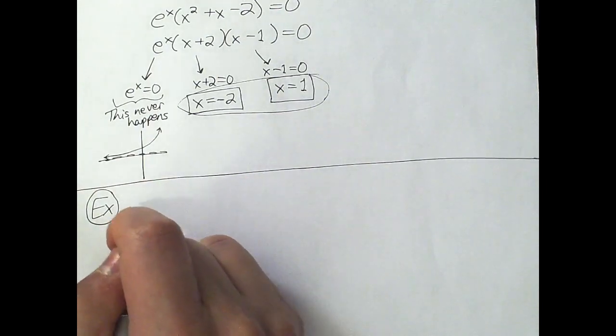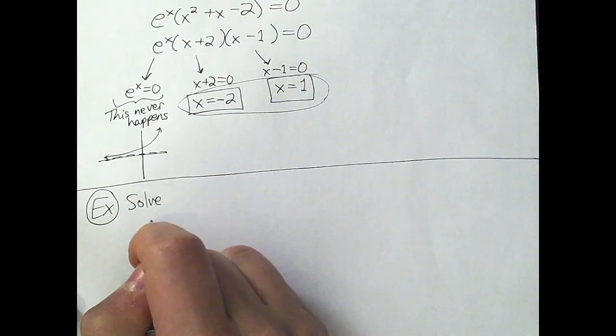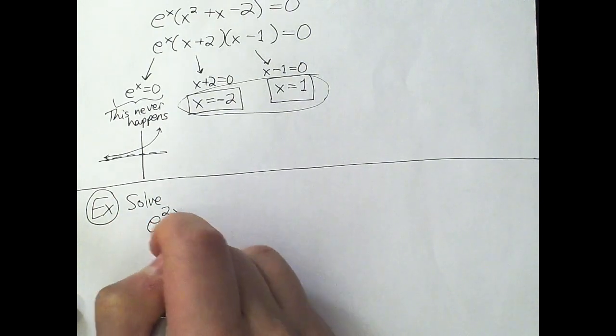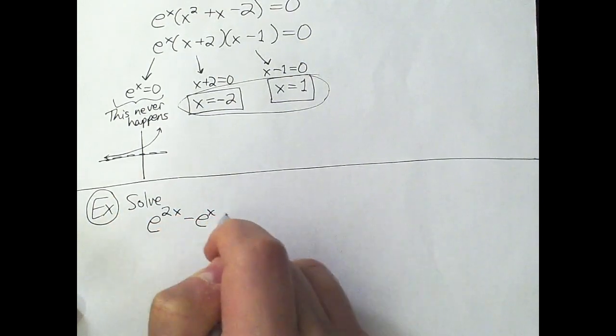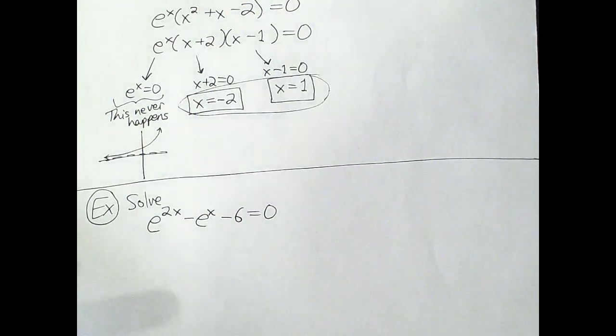I'll show you another one similar in some ways. e to the 2x minus e to the x minus 6 equals 0. Now, I think this is the hardest one we've seen so far because it's an exponential equation. x appears in an exponent.